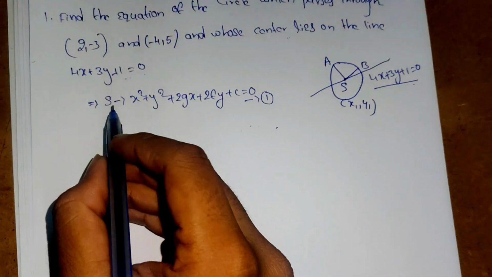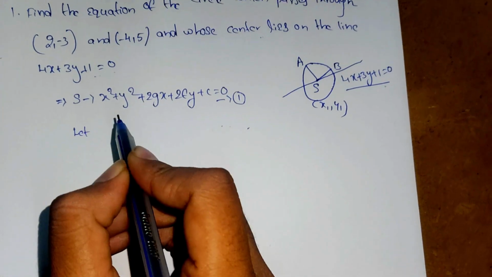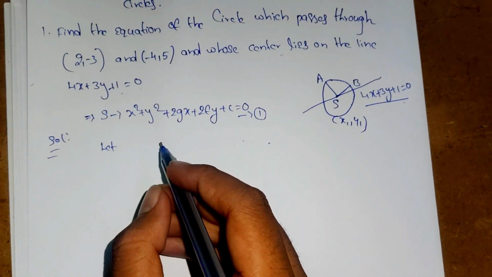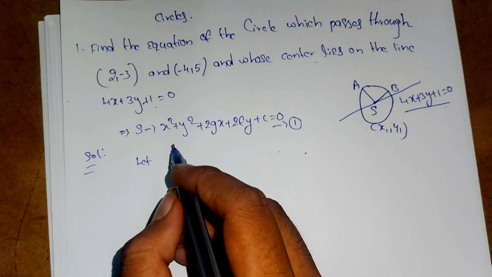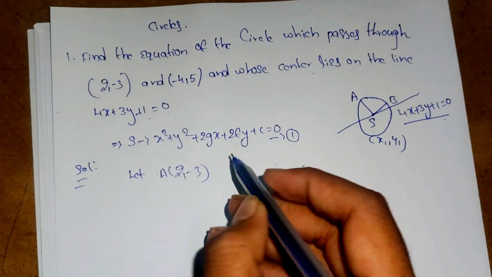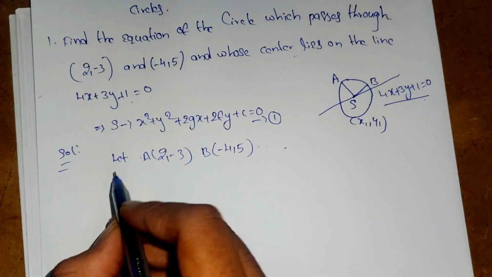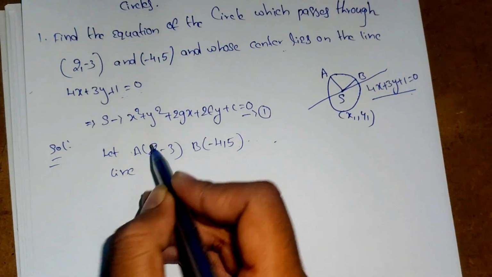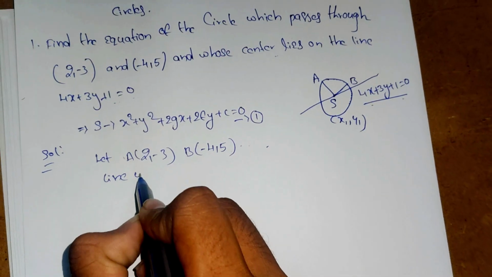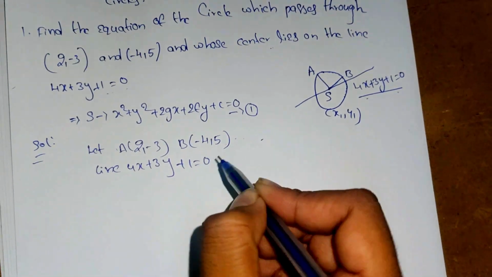Solution: let A be (2, -3) and B be (-4, 5), and the given line equation is 4x + 3y + 1 = 0.